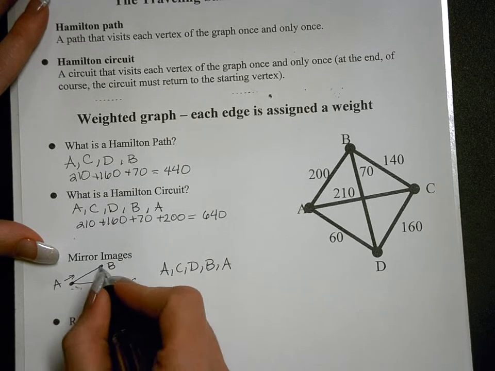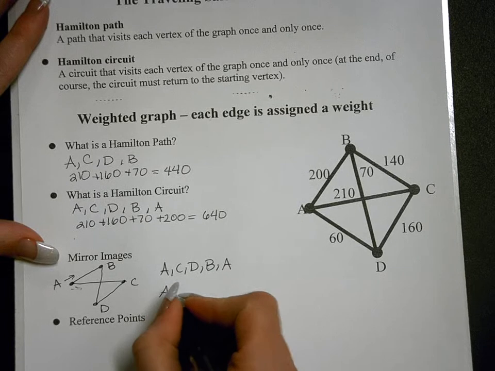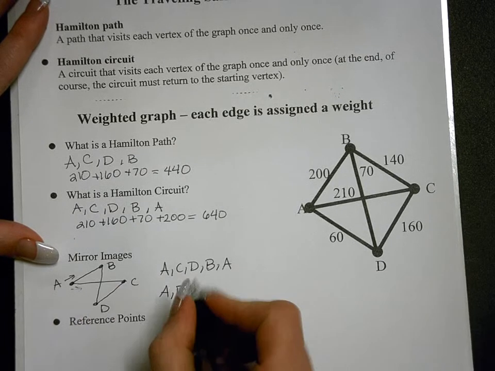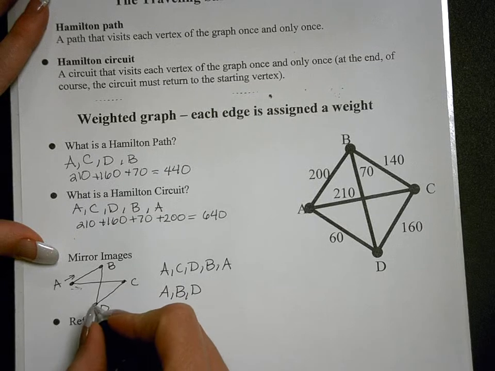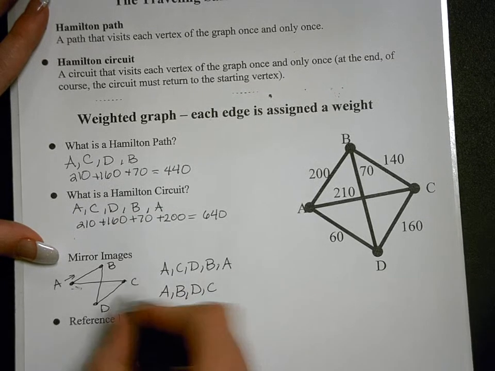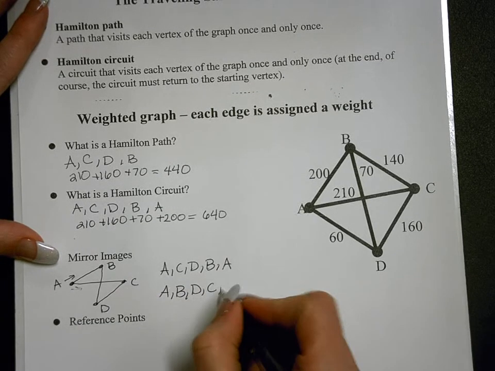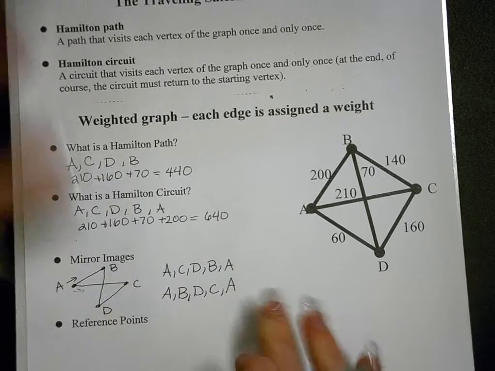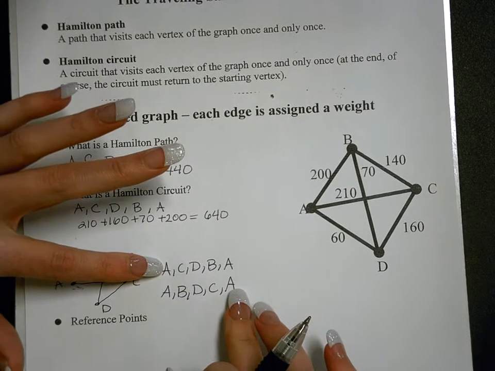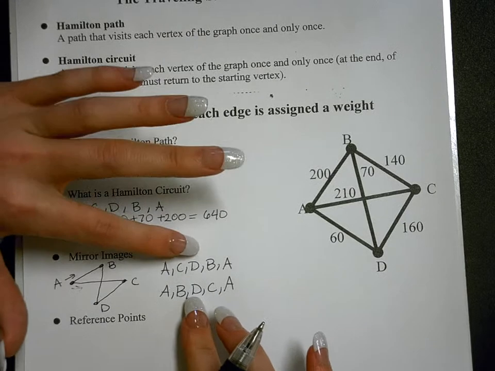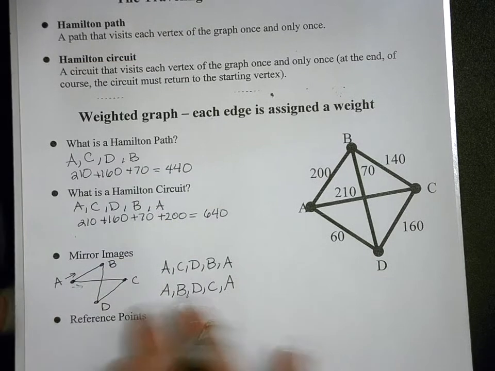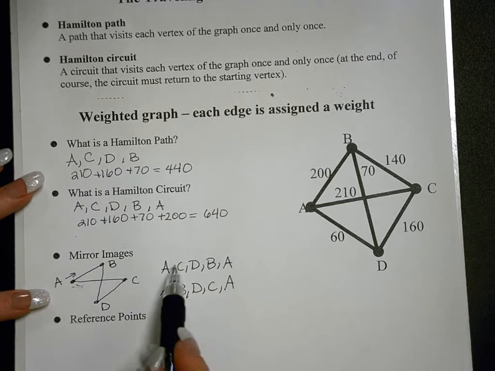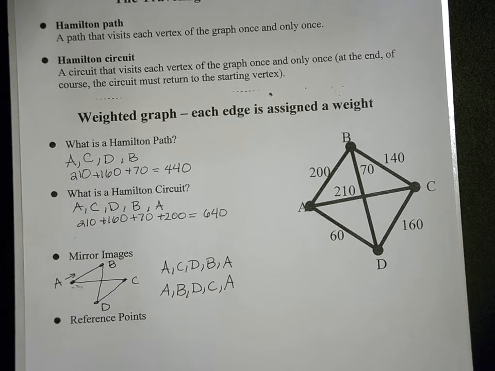I'm going to go from A to B first, and then from B to D. From D I'm going to go to C, and from C I'm going to go to A. Now this is called a mirror image. Just by looking at it, A, C, D, B, and A is just written backwards. So every circuit has a matching mirror image.